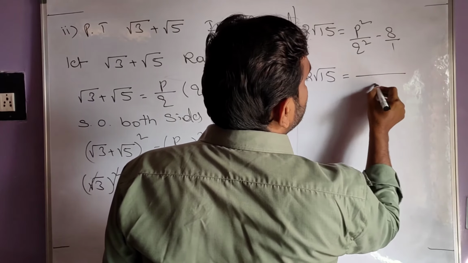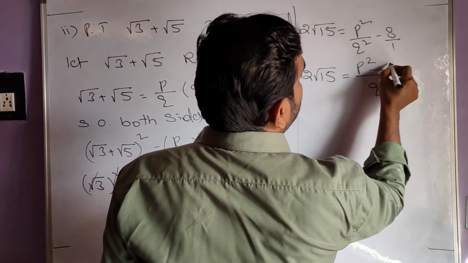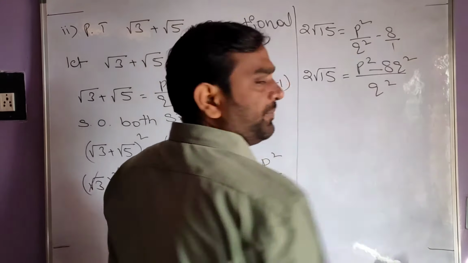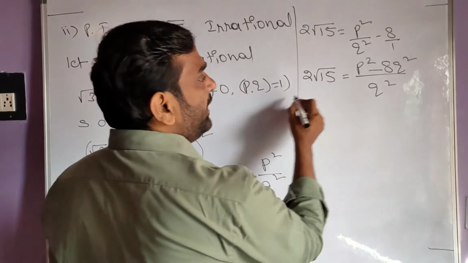Here q square is the LCM, so p square minus 8q square by q square. The 2 coming to this side, root 15 is equal to p square minus 8q square by 2q square. We got this one.